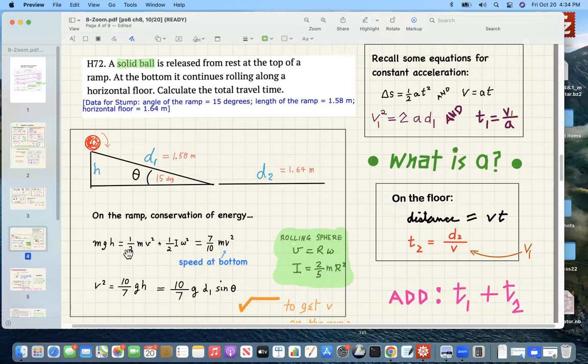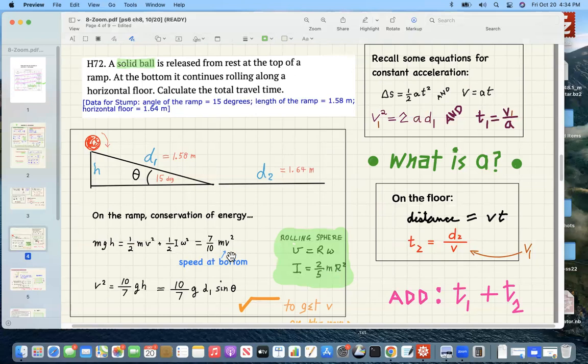So if I combine these, this is 1/2 mv squared. This will be 1/2 of 2 over 5 mv squared. So I have a common factor of mv squared, but I have a half plus 1 over 5. So that's 7 over 10.